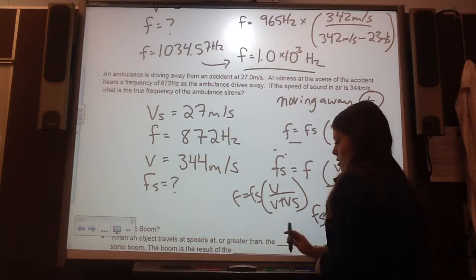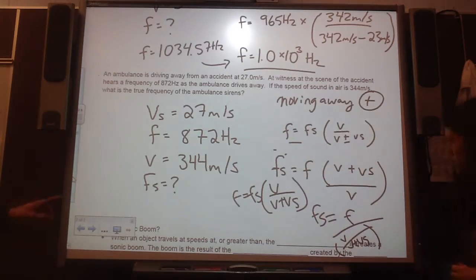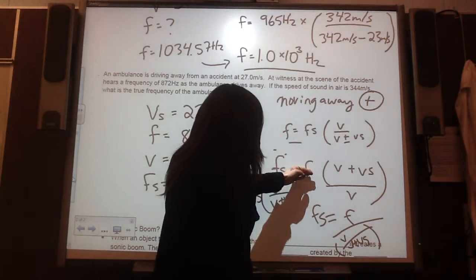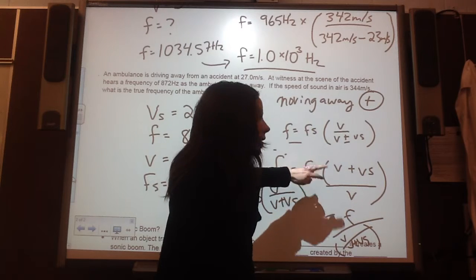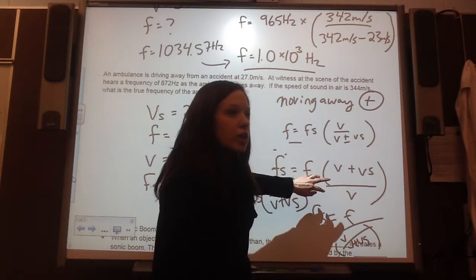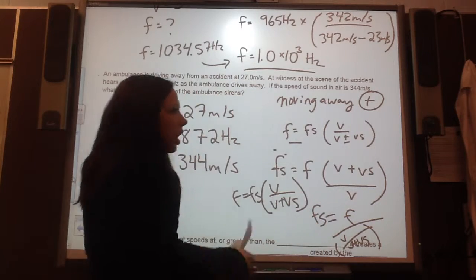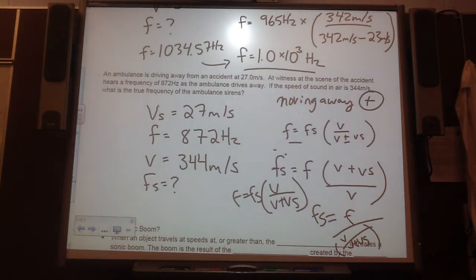Yeah, that's the same thing, because you are dividing by the reciprocal. So I just switched it. I can do it bigger. So Ray, you said Fs is equal to F divided by V divided by V minus Vs. I mean plus, right? Oh, I get what you're doing now.